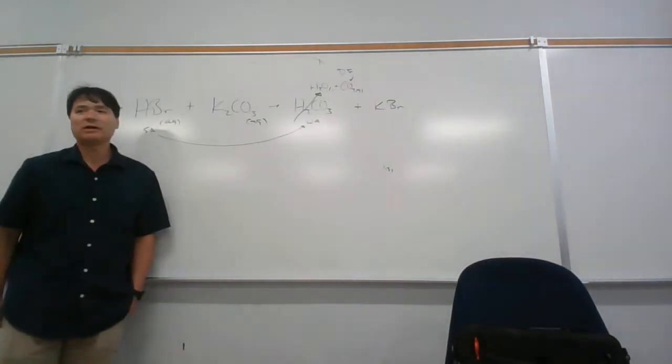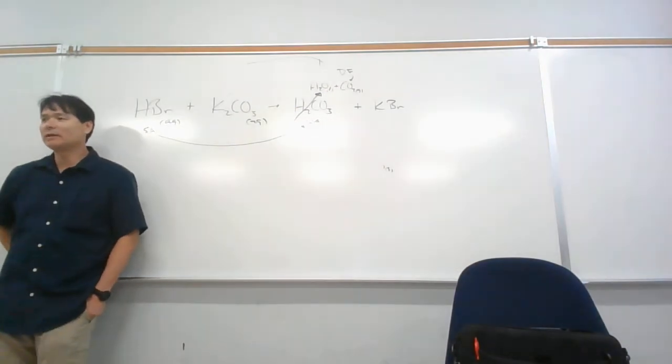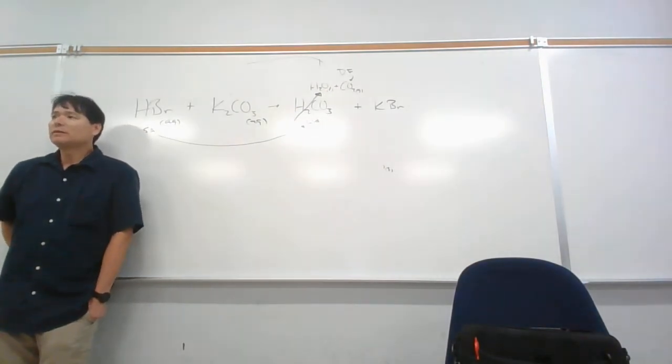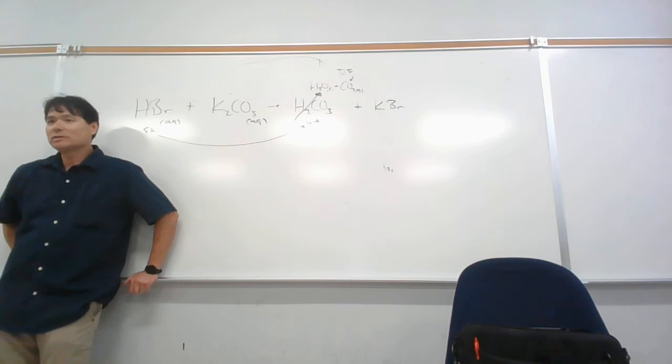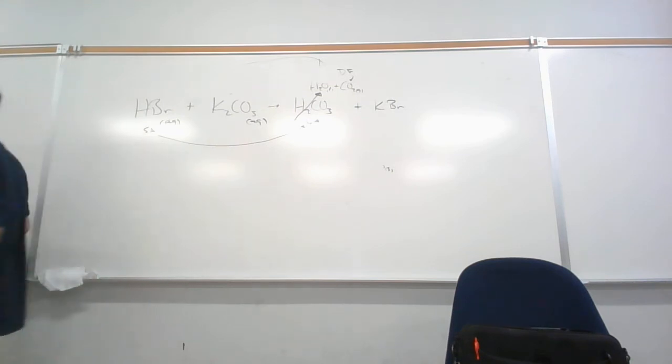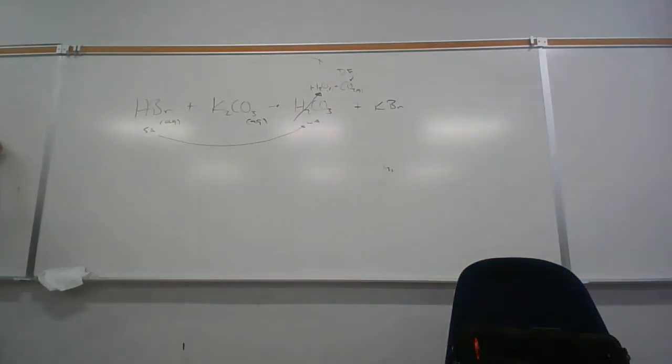The acids that we've dealt with begin with what element? H. But there's another class of acids called Lewis acids. CO2 is a Lewis acid. The acid chart I gave you on the screen are what we call Bronsted acids.